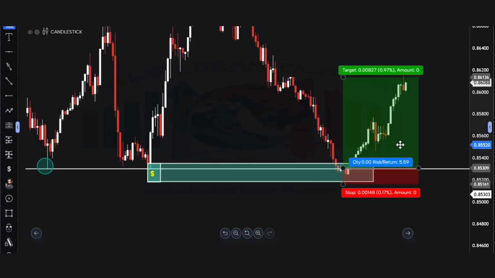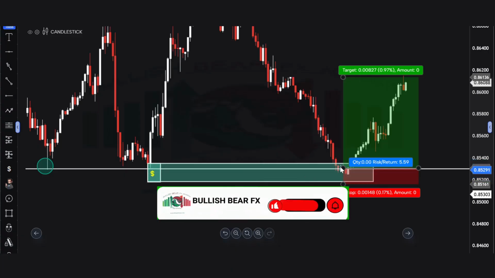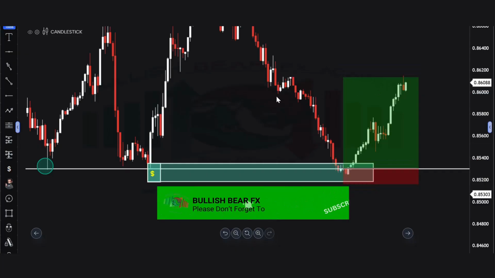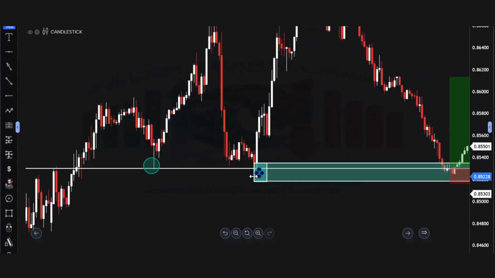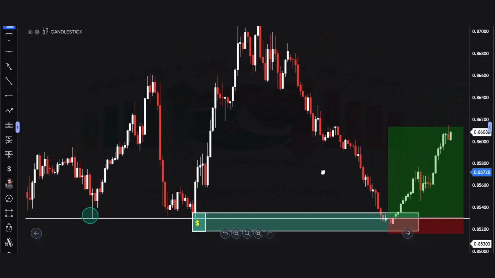You could see that with a little stop loss, we were able to catch a good entry in between our zones to the upside, and that was a good profit. Now, not all the time this happens, but oftentimes when you get this kind of reaction, it's usually a go-to-go trade. You want to apply this also for resistance.